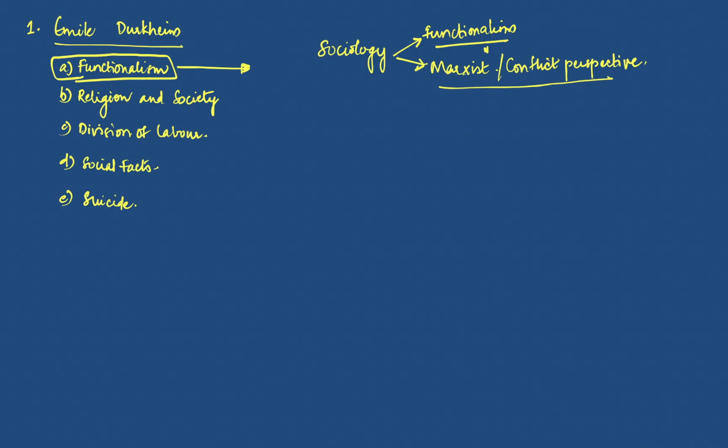So Emile Durkheim was a functionalist. A short introduction: he was a French sociologist. He established the first department of sociology, and he was a functionalist, right? So now let us look into what exactly is this functionalism.